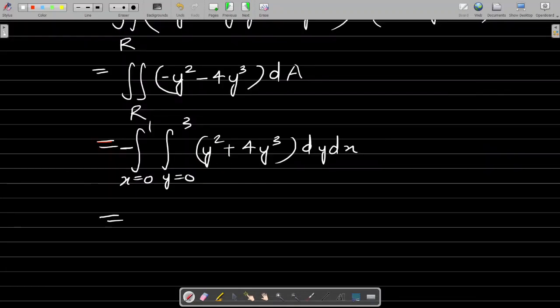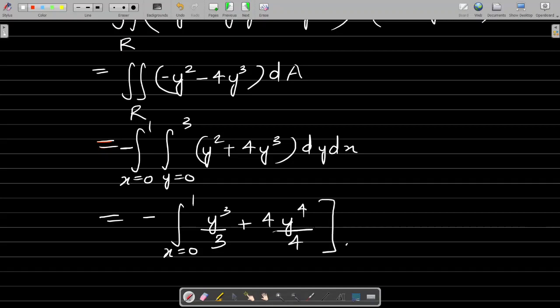So that is equal to, negative sign I'm keeping it there, integral x from 0 to 1, y cube by 3 plus 4 into y raised to 4 by 4 within the limits 0 to 3, y equal to 0 to 3, dx.